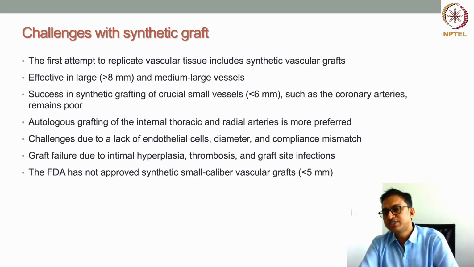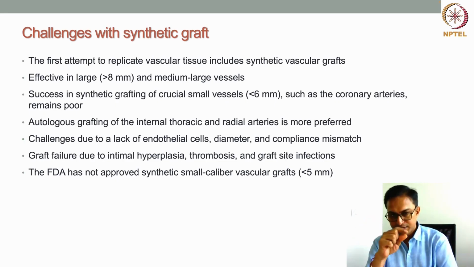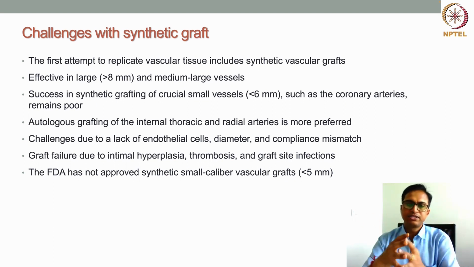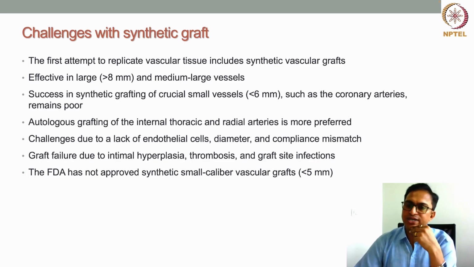That is the case for coronary arteries, where small blood vessels of less than 6 mm carry blood to the whole heart muscle. There, autologous grafting is the most preferred, for example using the internal thoracic or radial arteries.